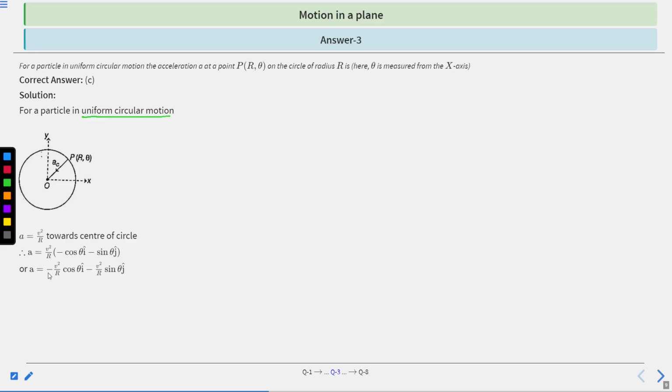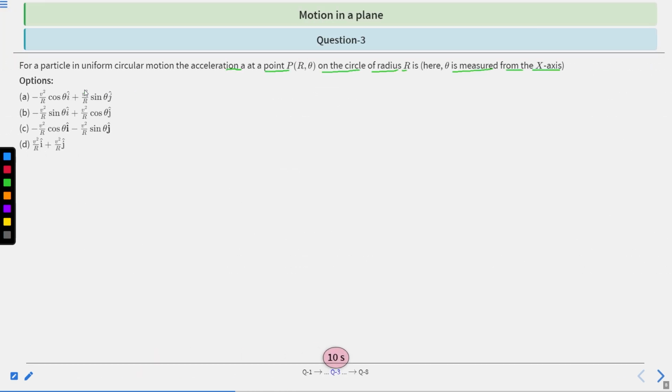That is, a equals minus v squared by r cos theta i cap minus v squared by r sin theta j cap. After solving this term, the correct answer is C. C is the correct answer.